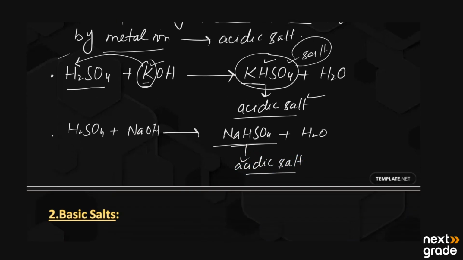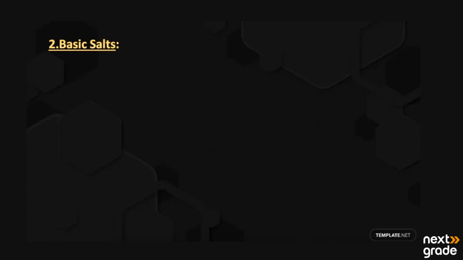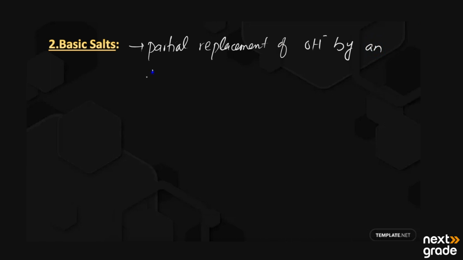Next we have the second type of salt, the basic salt. The salt that is formed by partial replacement of hydroxide ion by an acid, the resulting product is basic in nature.